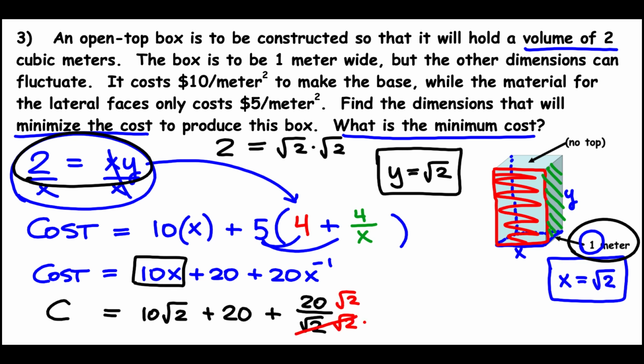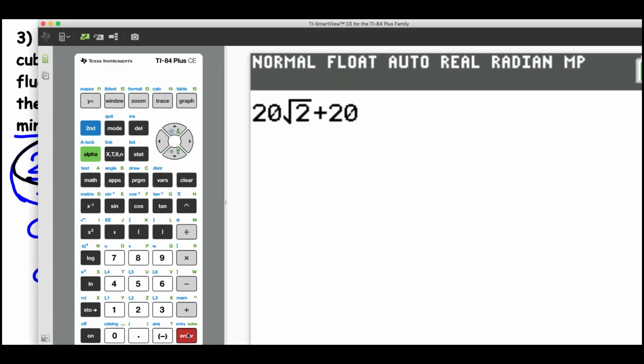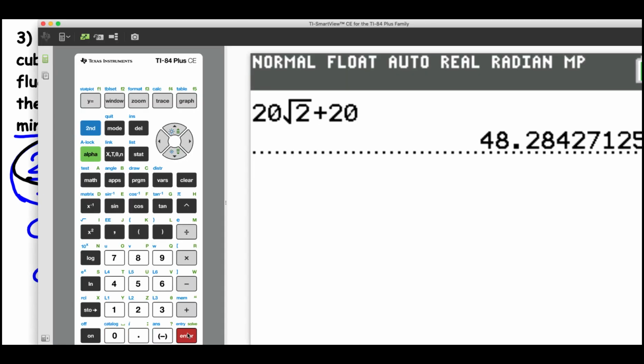That becomes a regular 2. That cancels with the 20, and you're going to get 10 rad 2. So you have 10 rad 2 plus 10 rad 2. That's 20 rad 2 plus this $20 bill right here. The cheapest box you can make is $48.28.